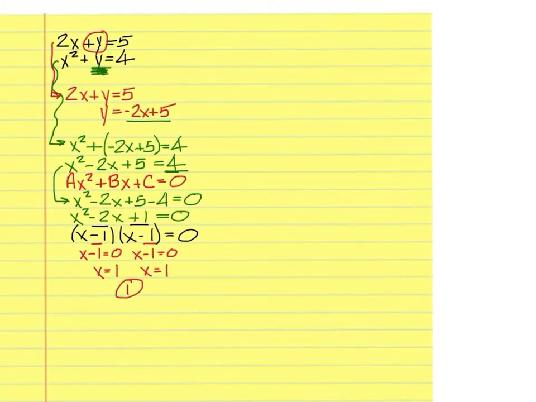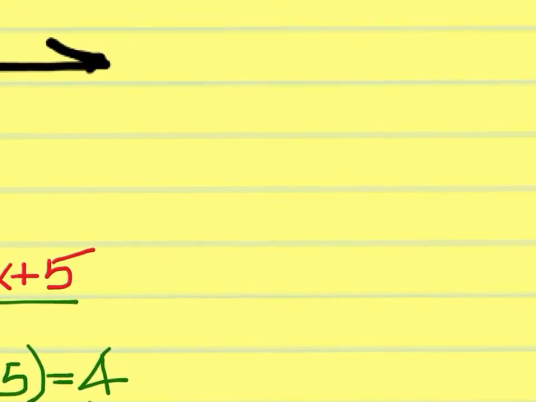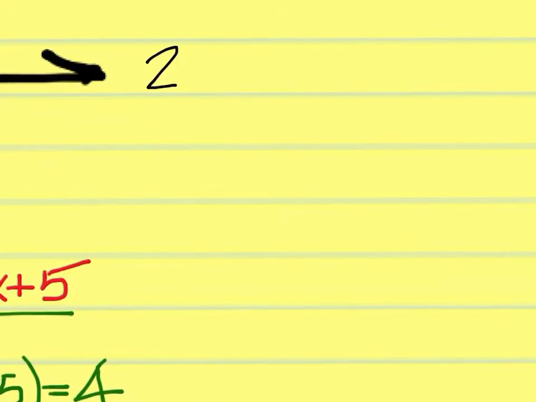Once you find your x answers, you have to take them back to the beginning, up here, and choose one of these 2 equations to put it in to find the y. So we can go up here to the first one, 2x plus y equals 5.